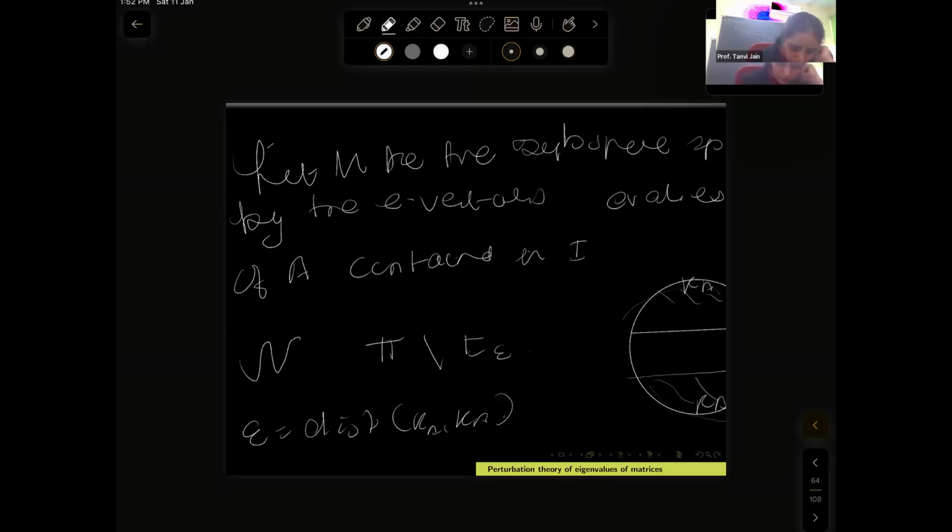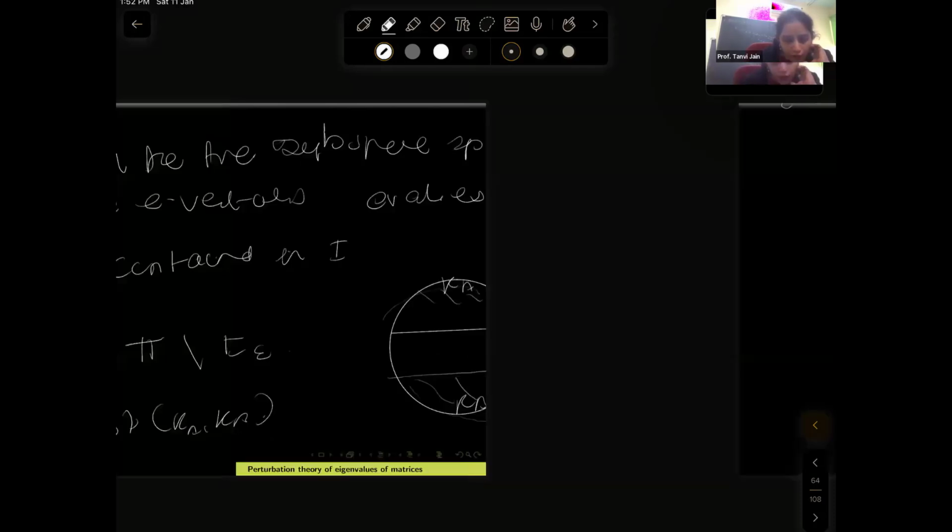So in fact, epsilon will be strictly less than the thing, because it's an open set and my eigenvalues are a finite number. So I will have that there is a smaller one.